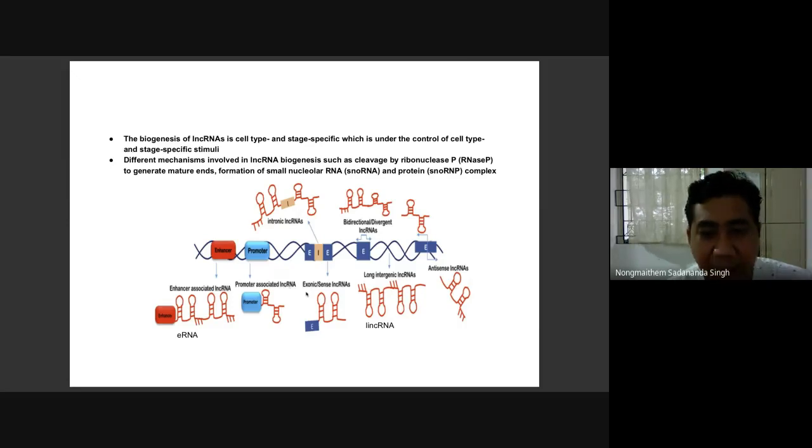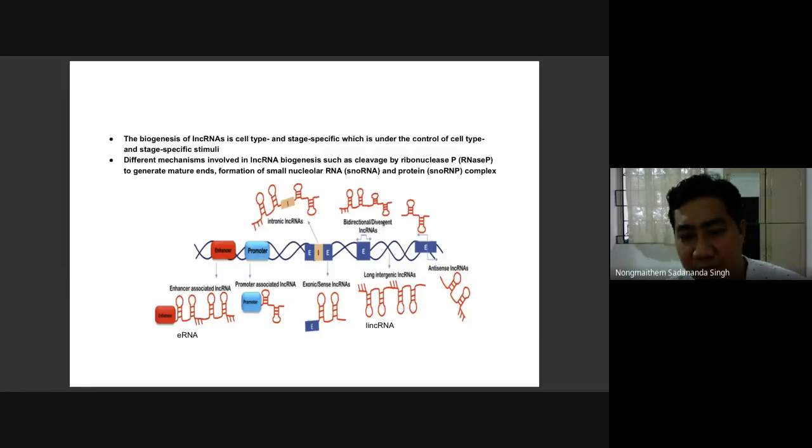Exonic regions have been seen, which can be in both the sense or antisense direction. And in the intronic region, sometimes you can see intronic long non-coding RNAs. You can find many in many conditions.